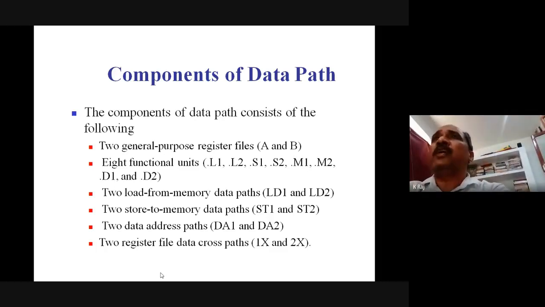These are the components of the data paths which are included in the two data paths here.